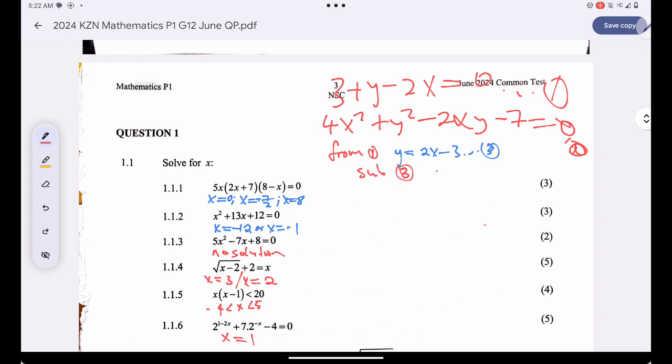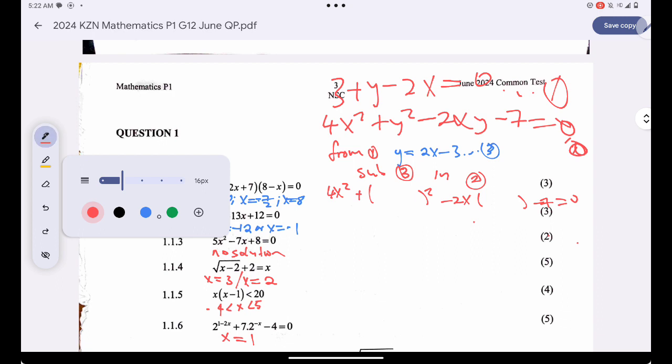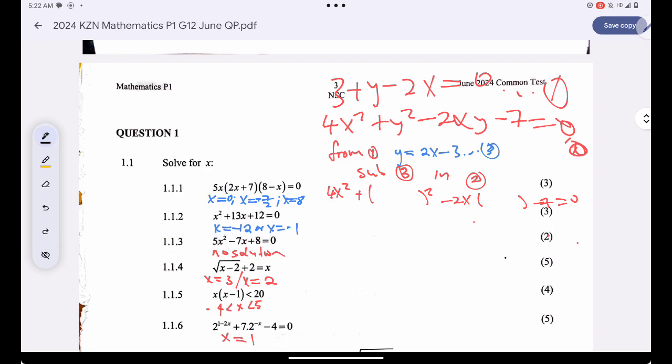In basic terms, whenever I see y, I must just substitute this thing. So I'll have 4x squared plus y squared minus 2xy minus 7 is 0. Please remember that whenever I see y, I must substitute 2x minus 3.